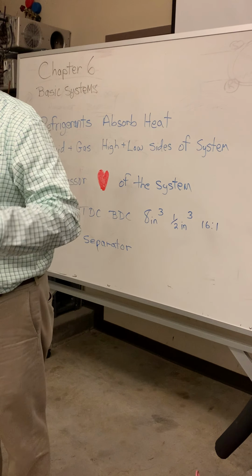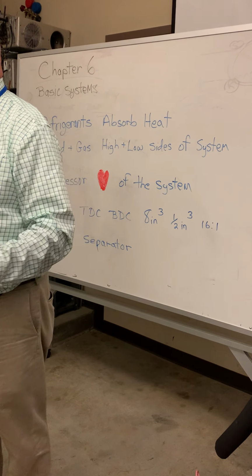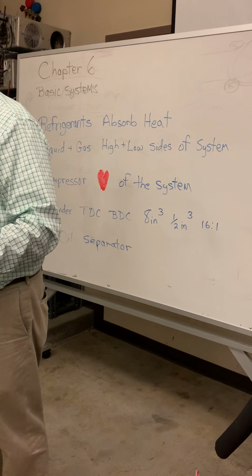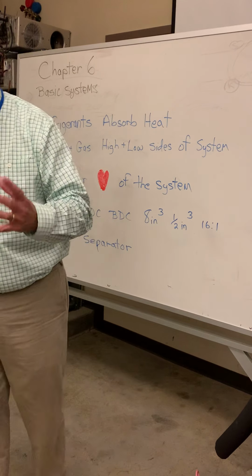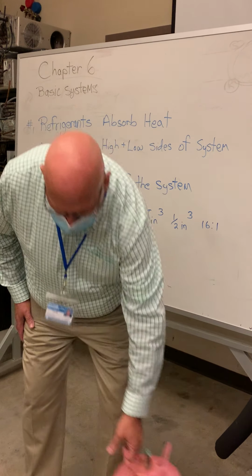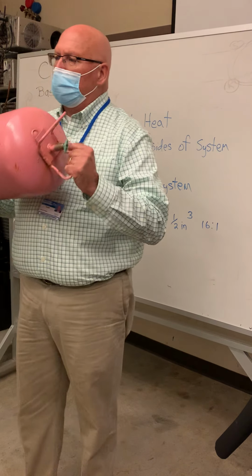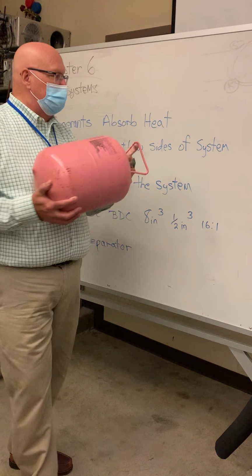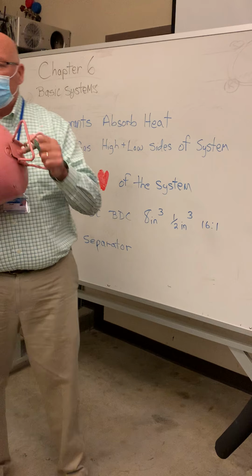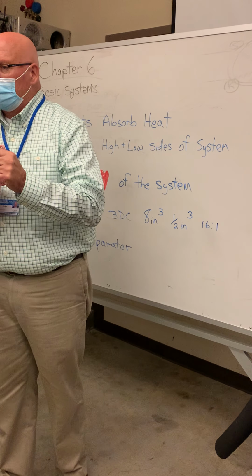So here's where you get that change. Why do we even need to change? Why does there have to be 2 sides of the system? It has to do with the properties of whatever refrigerant we're going to use. Remember, it goes back to the very first statement. Refrigerants absorb heat.